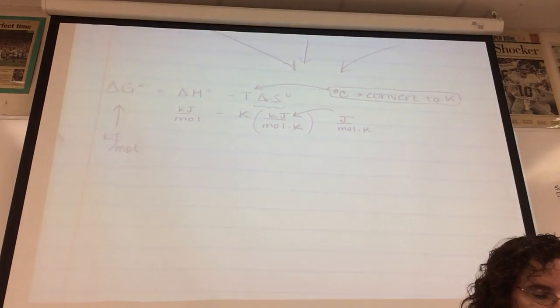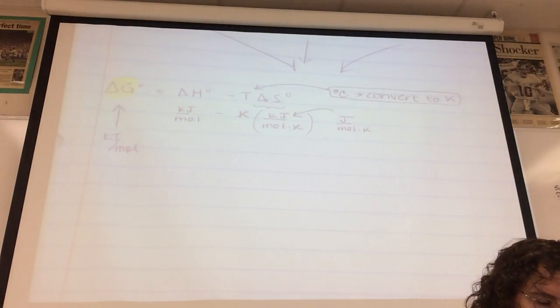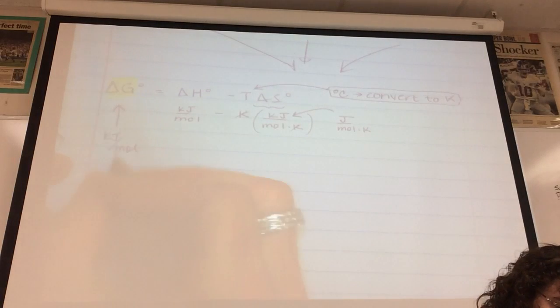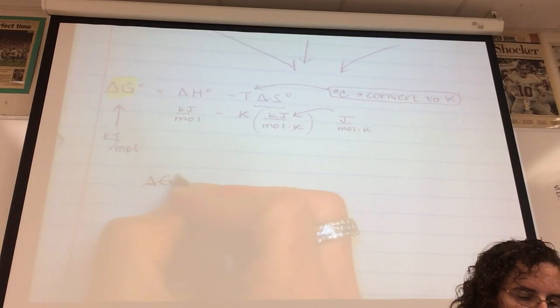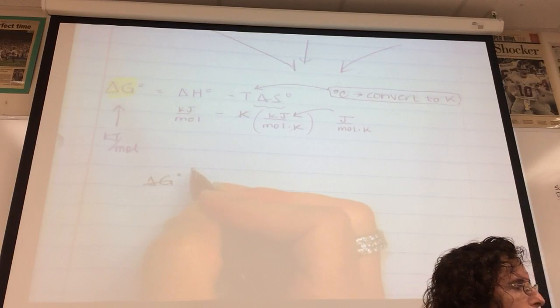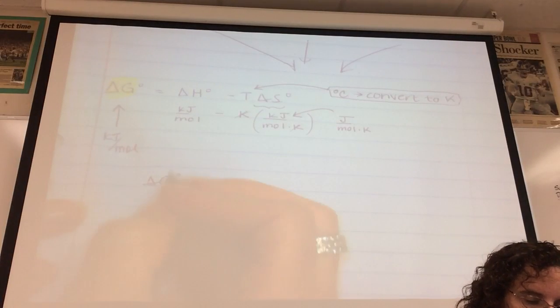The other thing about delta G is that it is the change in Gibbs free energy, and that measures the energy available to do work.